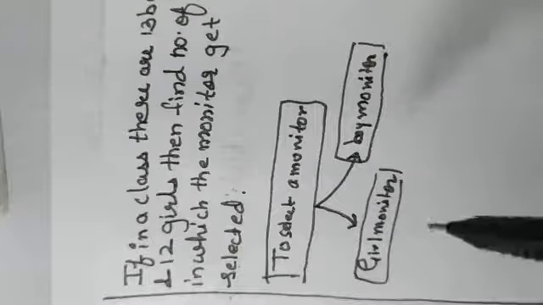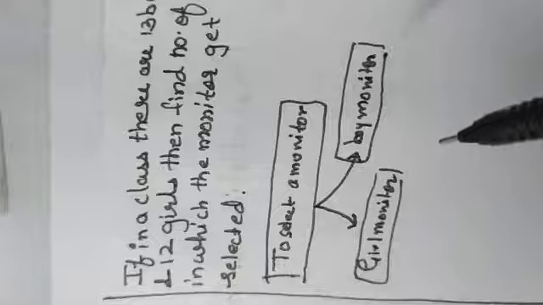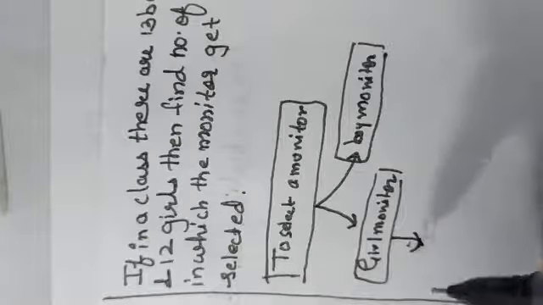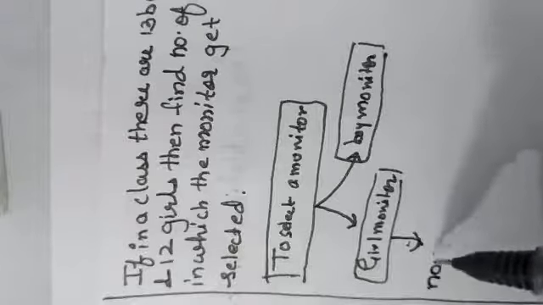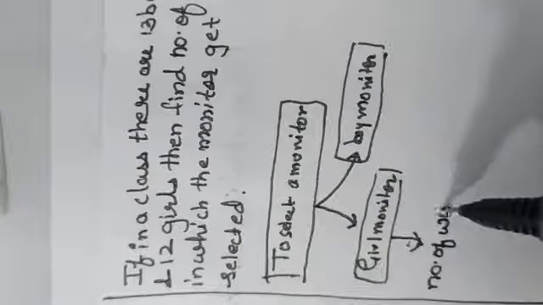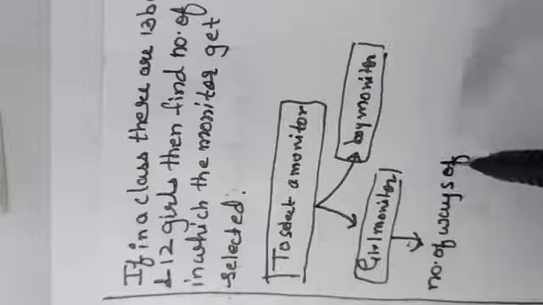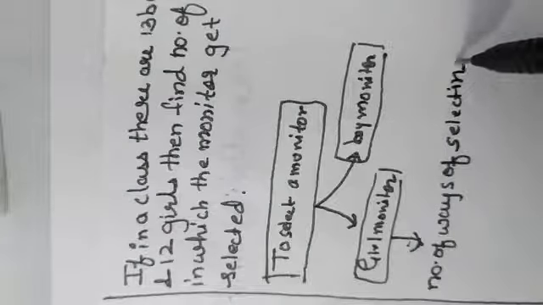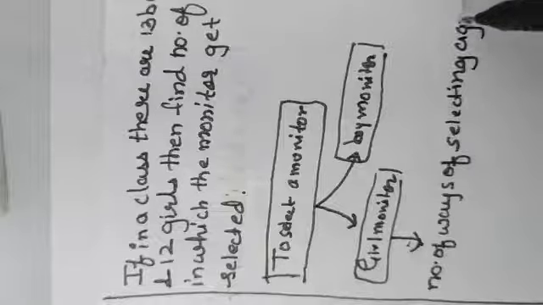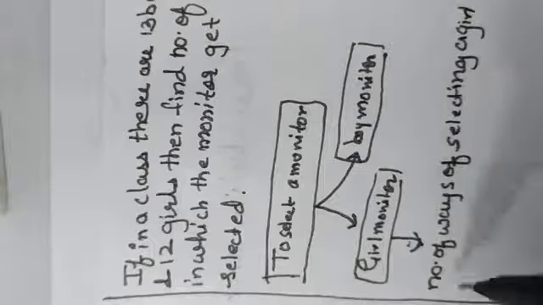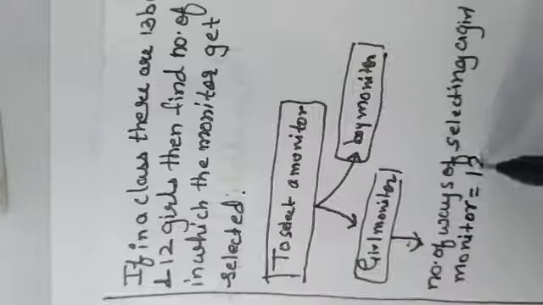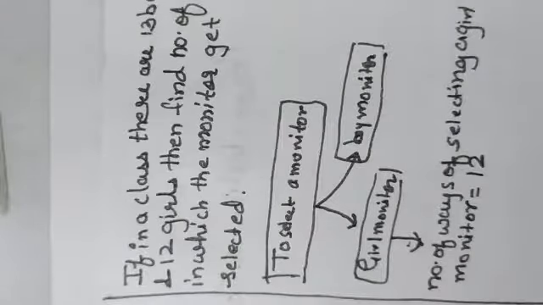There are 12 girls. I can select any of them. So you can say the number of ways of selecting a girl monitor is equal to 12. I can select any of them.